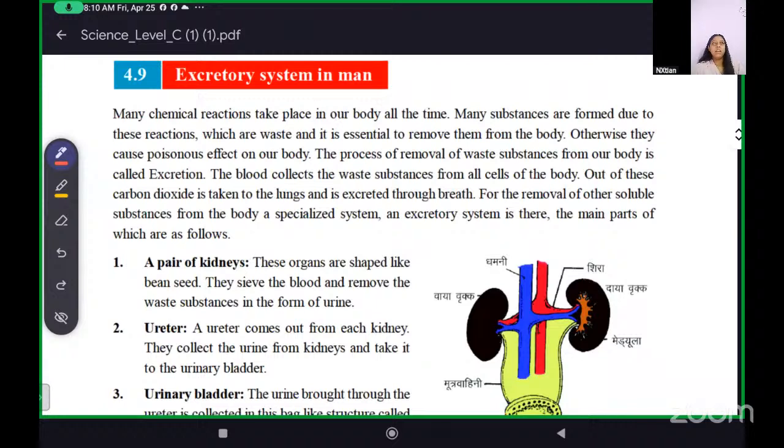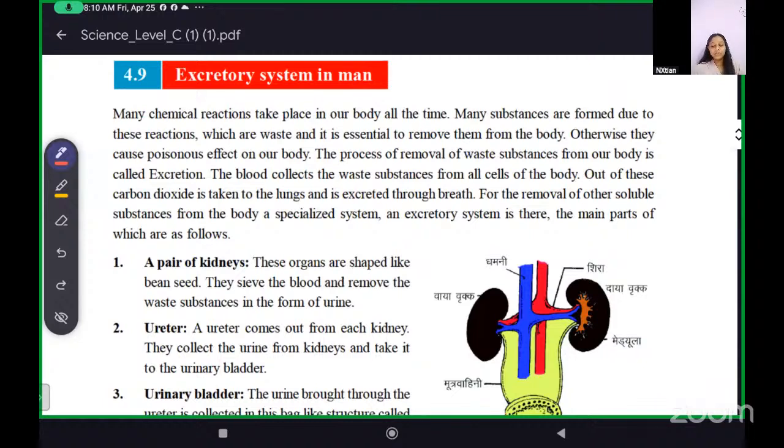During the digestion process, the food is broken down. The nutrients from the food are absorbed by our body. Once all the nutrients are absorbed, what is left is the waste, the nutrientless waste product inside our body.